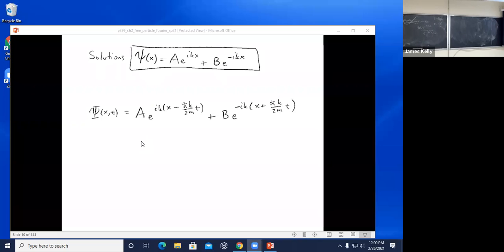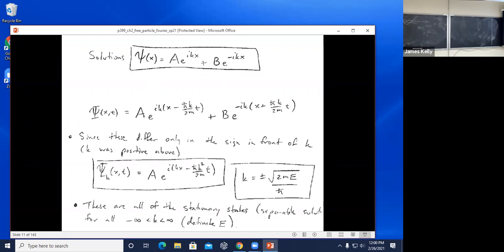But if I'm willing to simplify a little bit, rather than having a positive k with a minus sign and a positive k with a plus sign out in front, I could just write one term and let k go all the way from minus infinity to infinity.